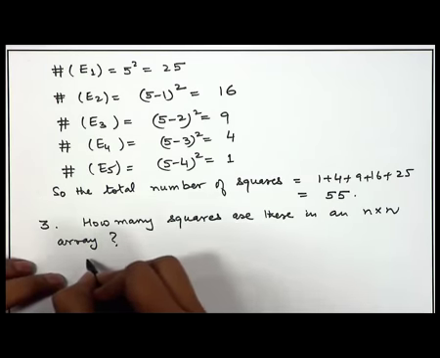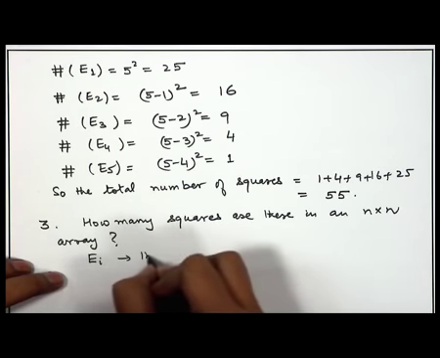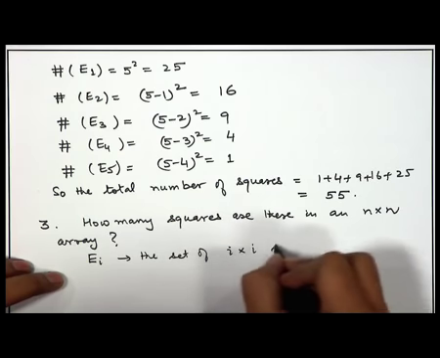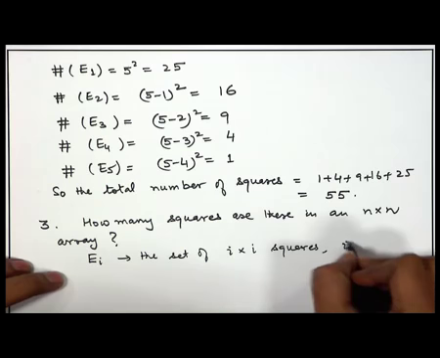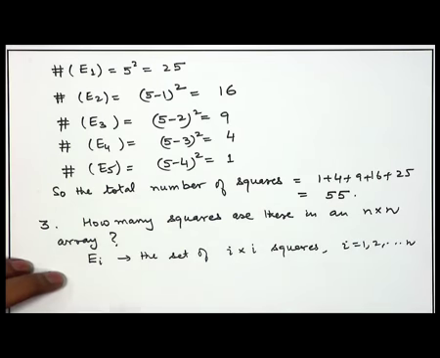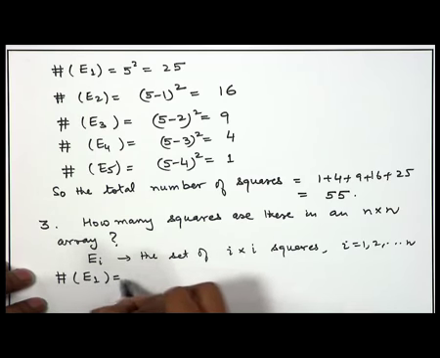If I consider E_i to be the set of i by i squares, where i can take values 1 to n, then if we keep the same method of counting, the number of 1 by 1 squares is simply n square.